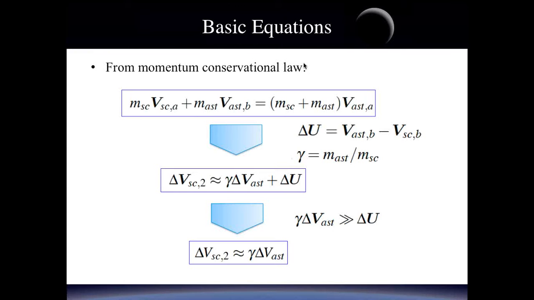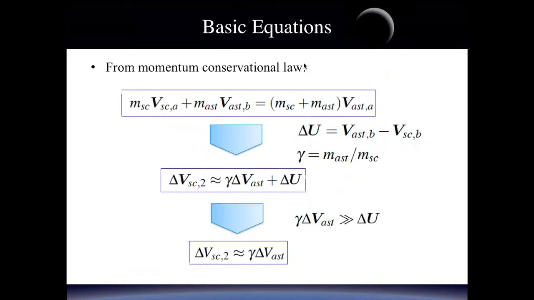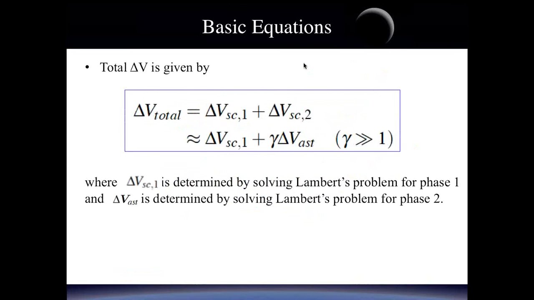And we set gamma as the mass ratio between the small asteroid and the spacecraft. And we can obtain the final expression for delta V for the spacecraft. And by using this relation and this relation, we can obtain the total delta V shown here.